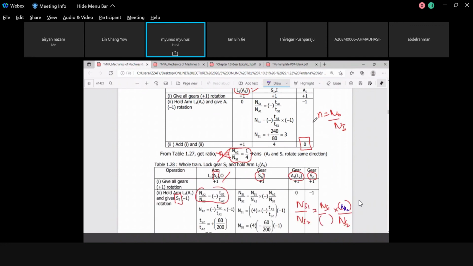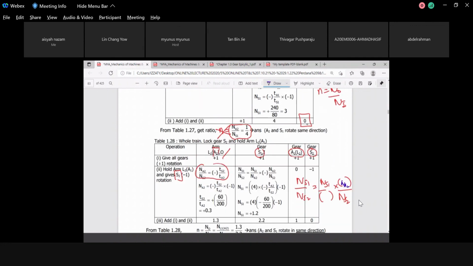The next one, NS1: you cannot put NS2. No, you have to check from table number 1. You have NS1, Na2. Put in the Na2. You can cancel these two gears, then this one will balance. But of course, you have to invert this one. What you get is Na2 by NS1. You have to invert it to become 4 here.